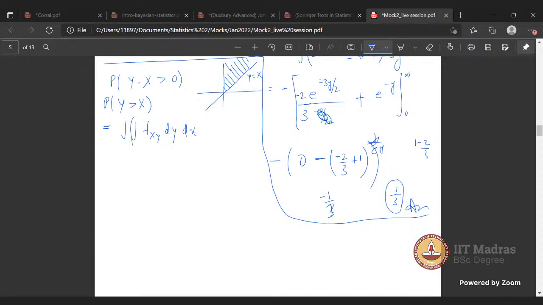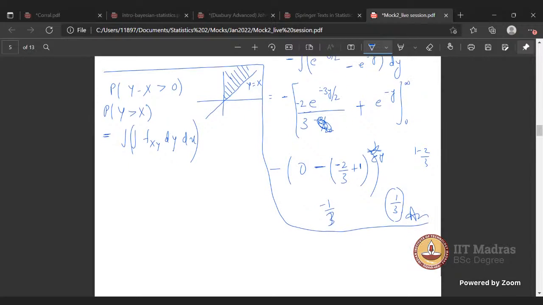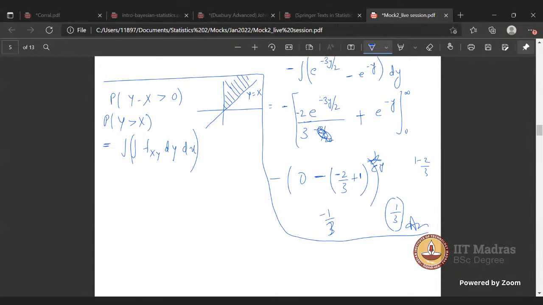No, just the limits, how to take the support, that's all. Okay, fine. So fx and fy, right? If I want to integrate first with respect to y, I will draw a vertical strip parallel to the y-axis. You can see that this is the curve y equals x, right?